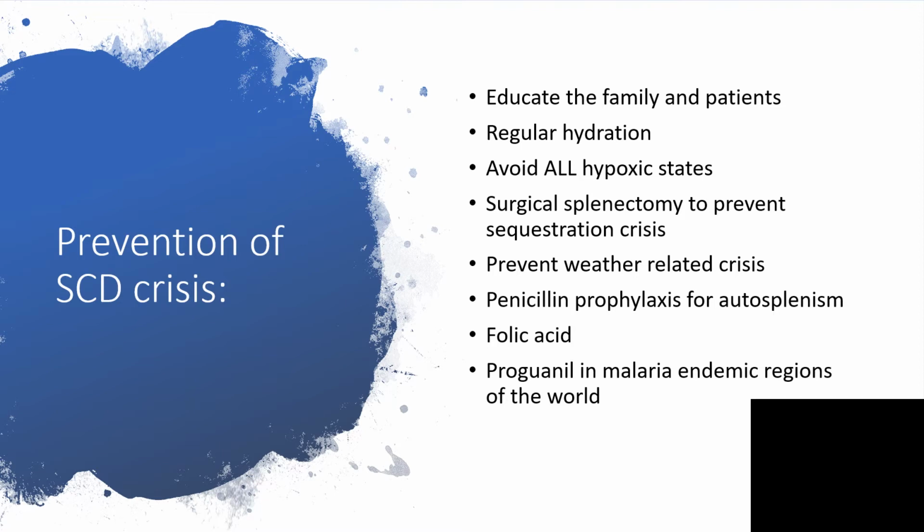Penicillin prophylaxis for those with autosplenism or with those who embark on preventive surgical splenectomy. And of course, folic acid in countries where food stuff or food given to the children are not fortified with folic acid already. Proguanil in malaria endemic regions of the world.